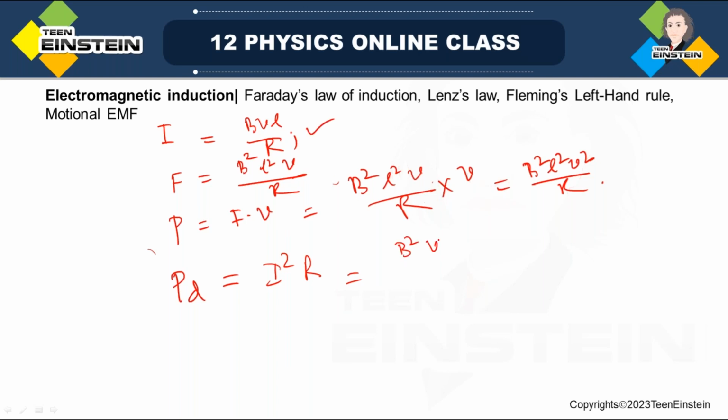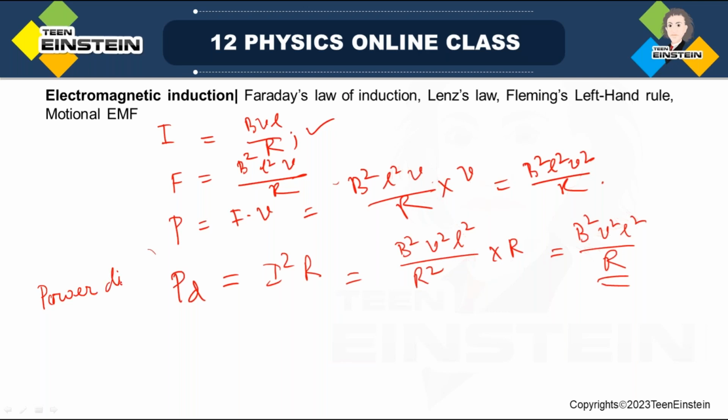So I square means B square L square V square by R square, into R. So this would give B square L square V square by R. So this is the power dissipated by the conductor.